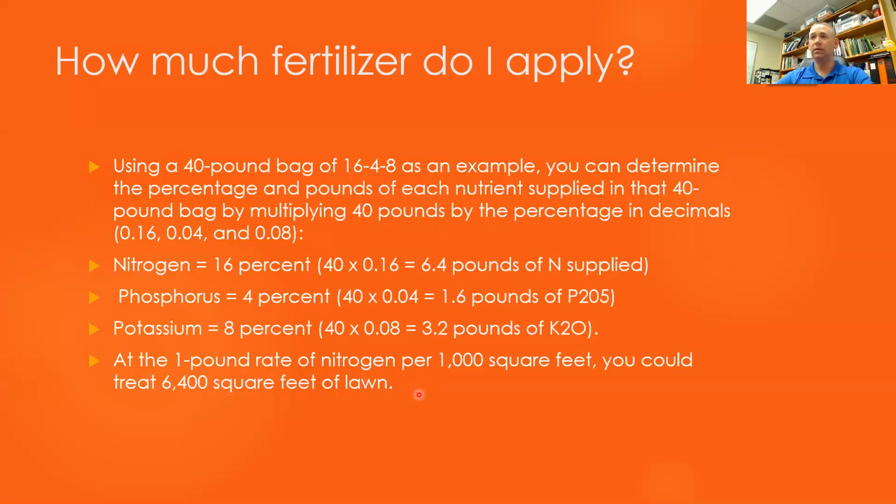You basically split the bag between your front yard and your backyard. You kind of use a 10% factor for waste, so that should cover you for what's being lost to sidewalks and flower beds and things like that.